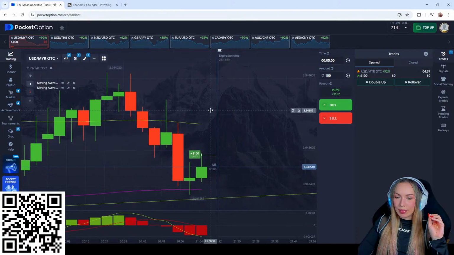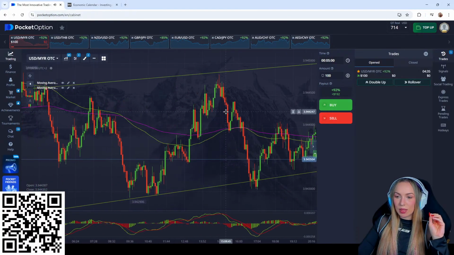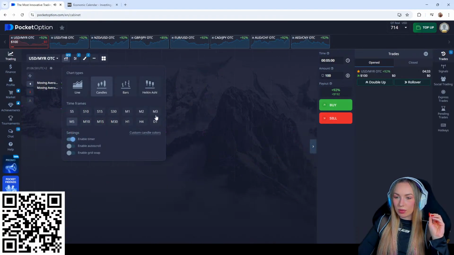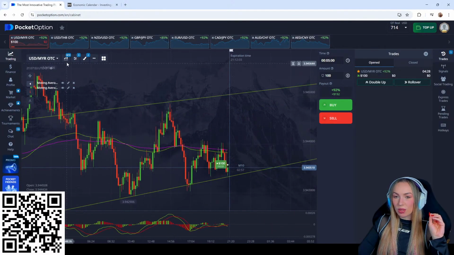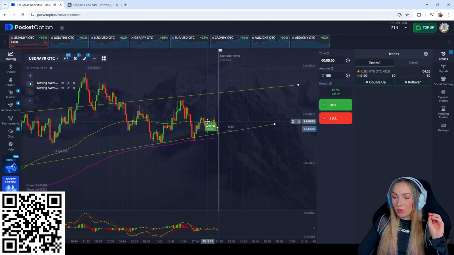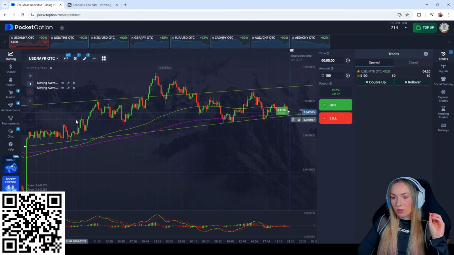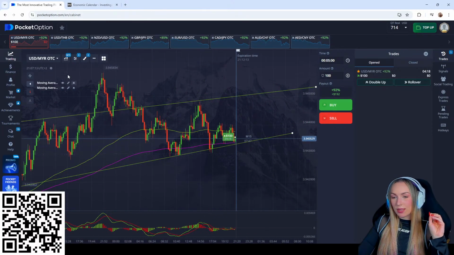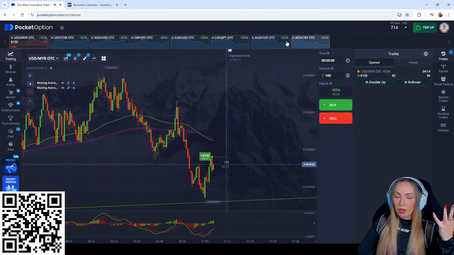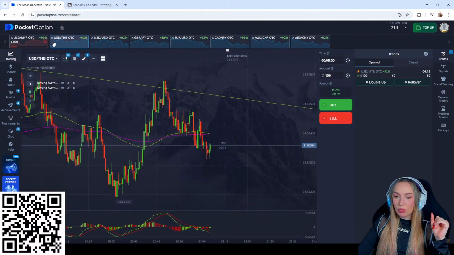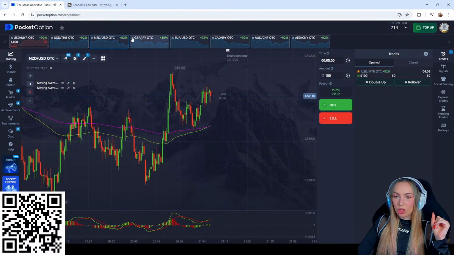But still we can see that it's the upward trend, right? Though recently, actually, I wouldn't say that it's 100% upward trend. Here on this time frame, it's actually the downward. But in general, yeah, that's the upward. Okay, I already entered, so now let's wait and let's check the other charts.